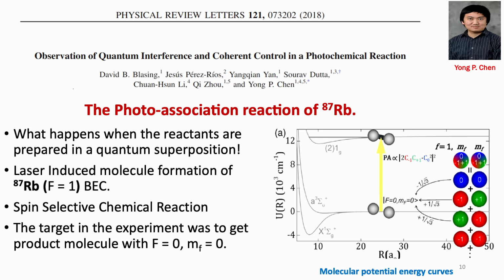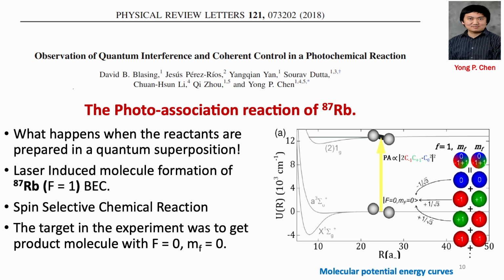They scatter two rubidium atoms, and they absorb a photon. Once they absorb the photon, they go to the excited state and form this excited molecular system. But what was surprising in this kind of experiment is that it depends on the initial superposition of the spin states. You can control the outcome of this chemical reaction.